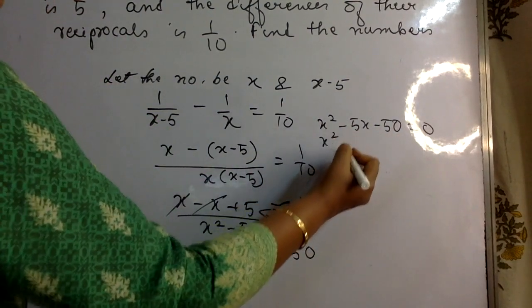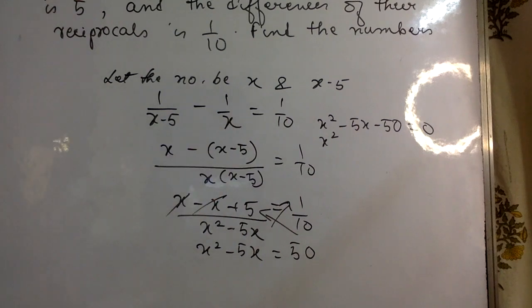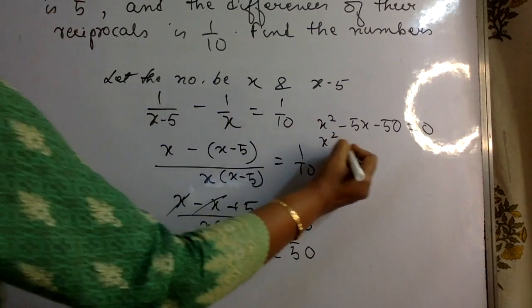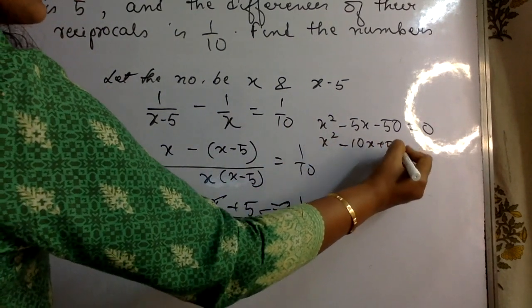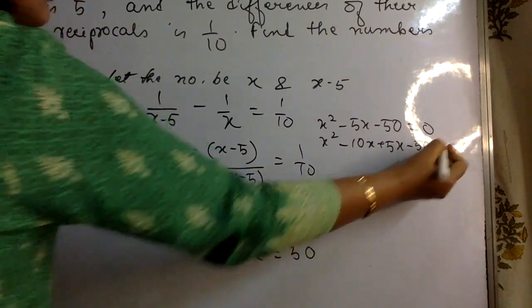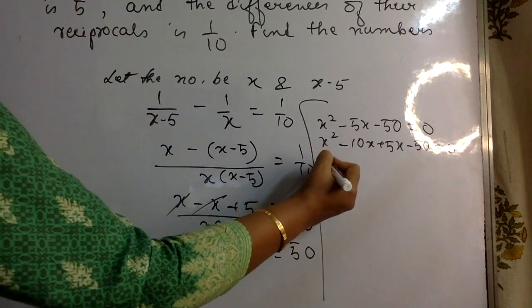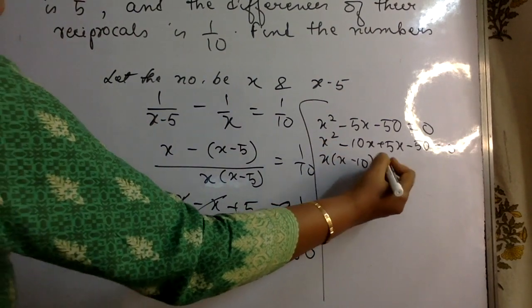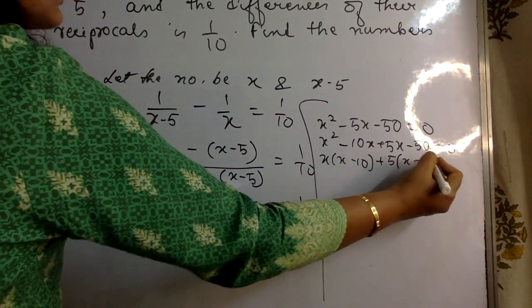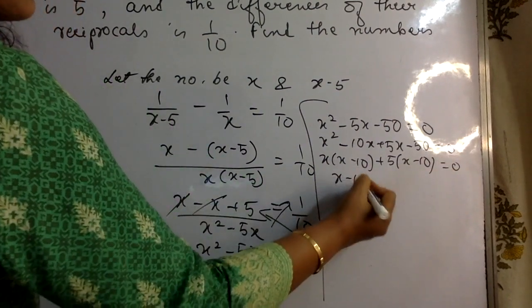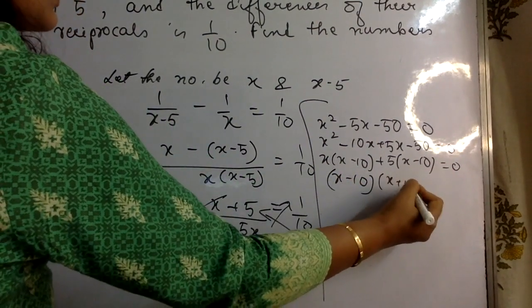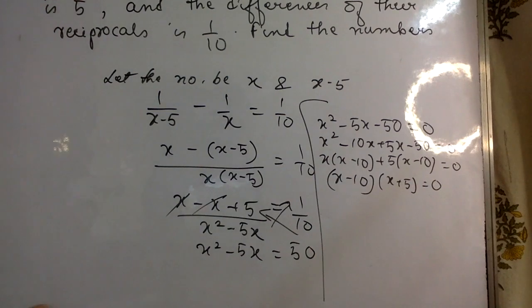So we can write it as x square minus 10x plus 5x minus 50 is equal to 0. So we can write this as x(x minus 10) plus 5(x minus 10) is equal to 0. (x minus 10)(x plus 5) is equal to 0.